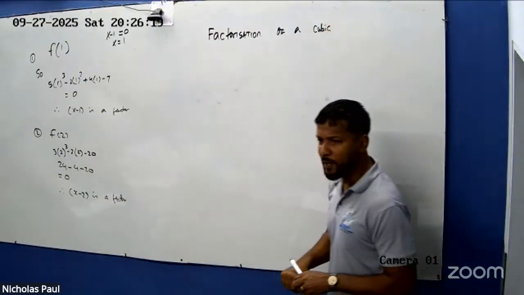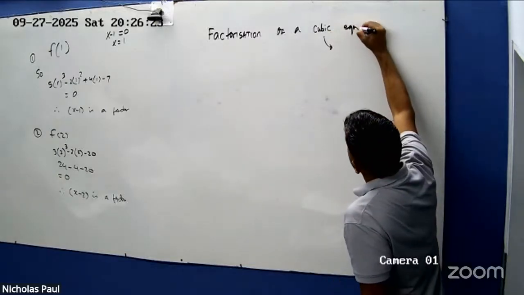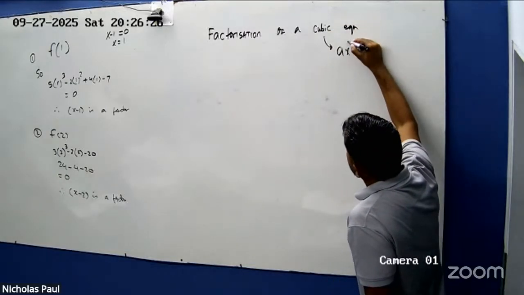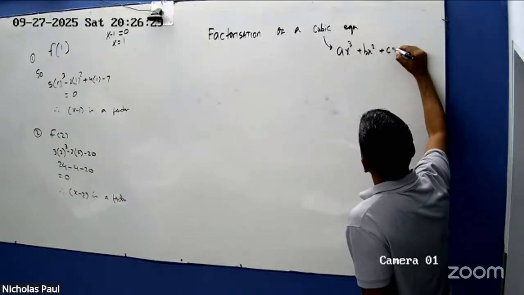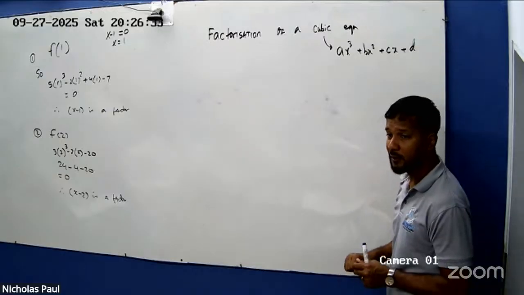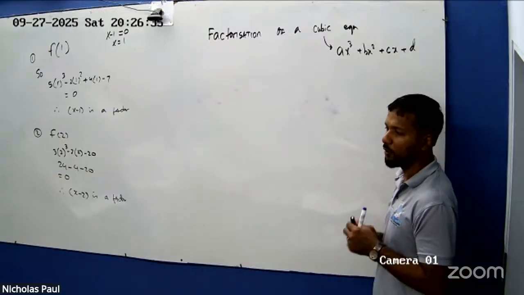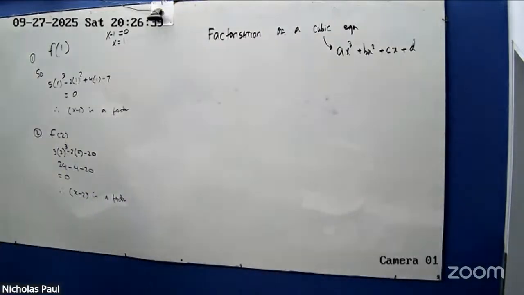By the way, you have to remember what a cubic is. A cubic looks like this: ax cubed plus bx squared plus cx plus d. And you have 4 steps. Write these 4 steps there. I'm going to show you how to do it.